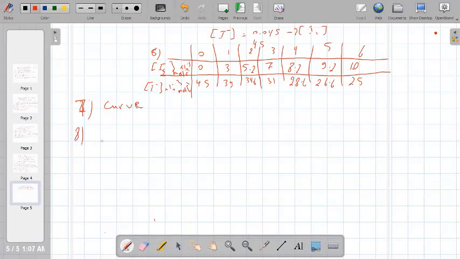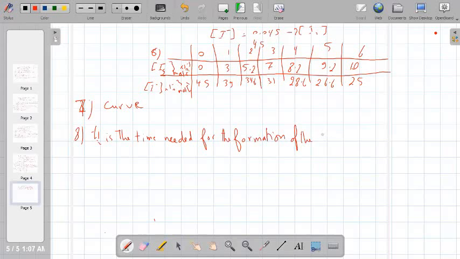Part 8: T-half is the time needed for the formation of the half of the concentration of I2 at the end of the reaction.